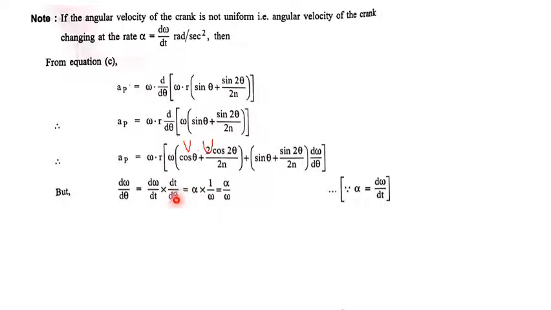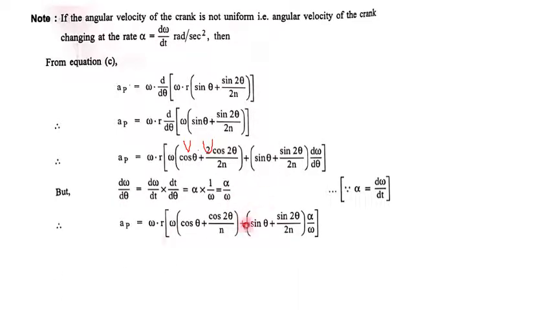Whereas d theta by dt is nothing but omega, but here we have the reverse, that is dt by d theta. Therefore we can write 1 by omega. So in place of d omega by d theta we can write alpha by omega.